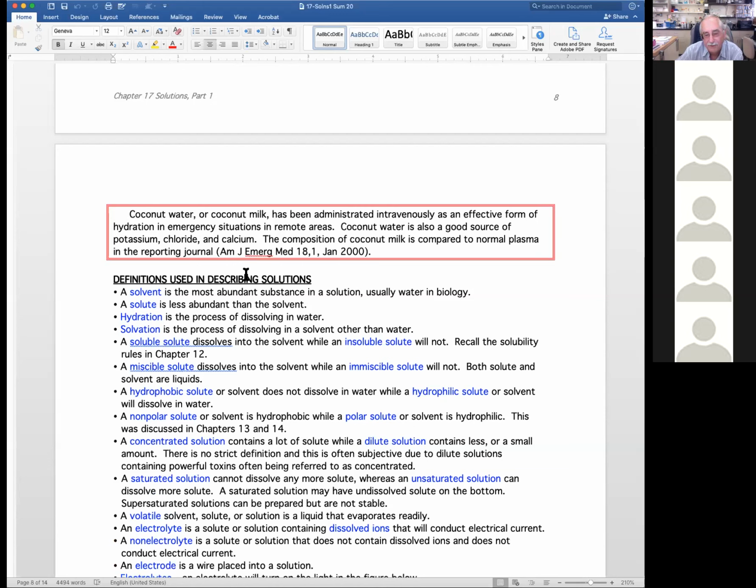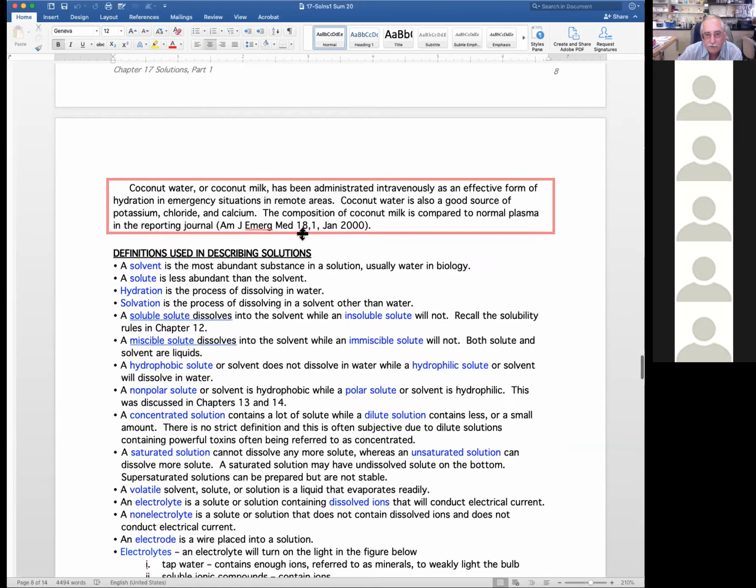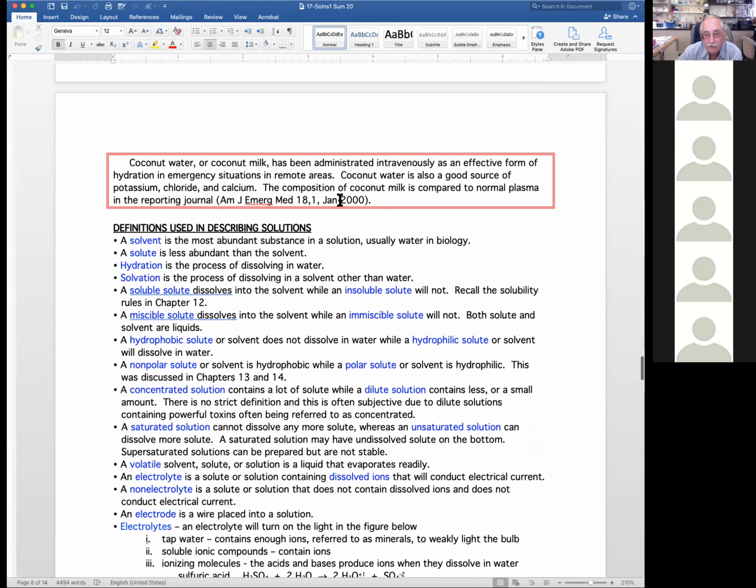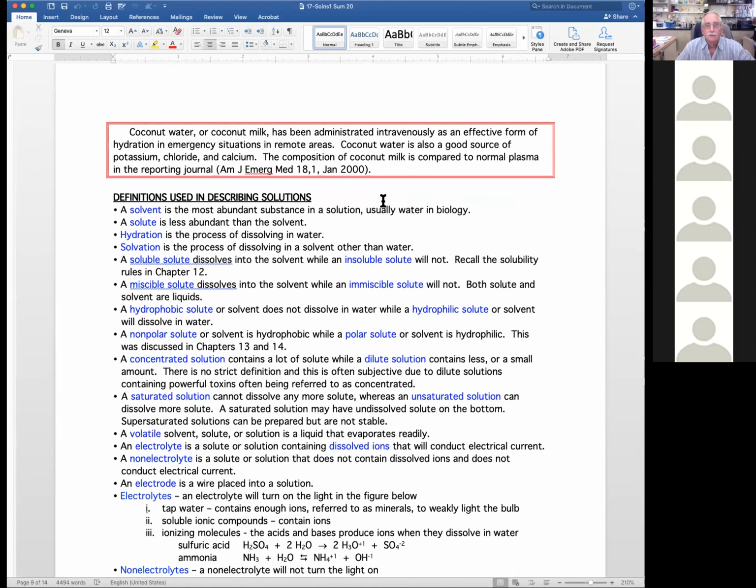And he asked me one time, did you ever hear of using coconut water for an IV? And of course, we hadn't, but I looked it up and here's actually an important publication. So that was used in World War II in the South Pacific to save all kinds of American lives.